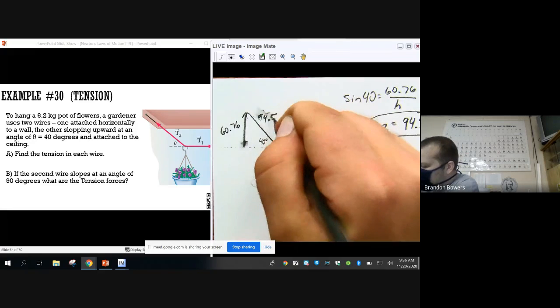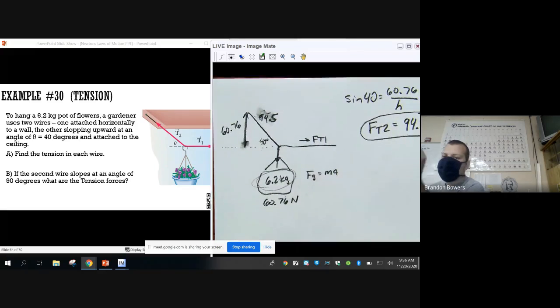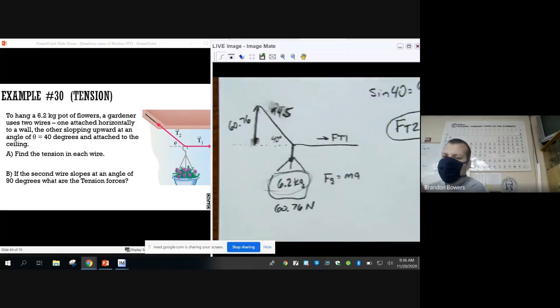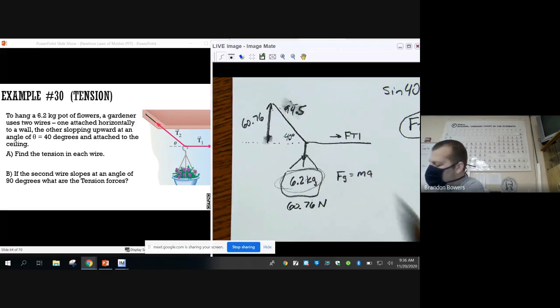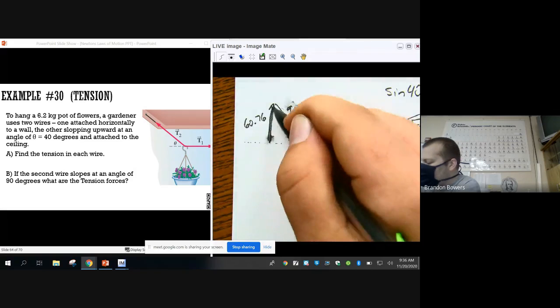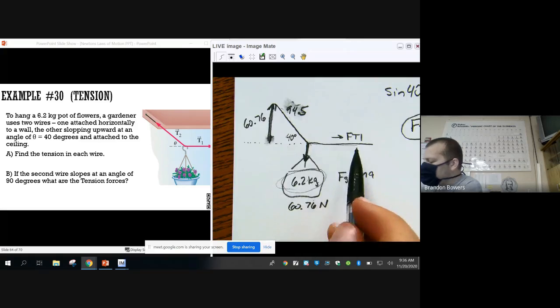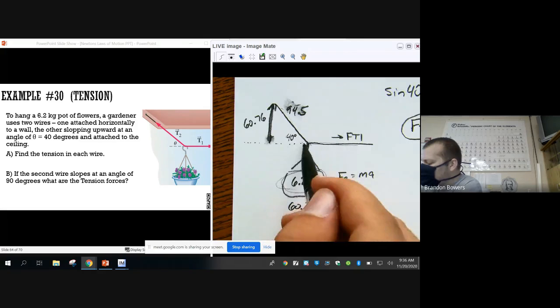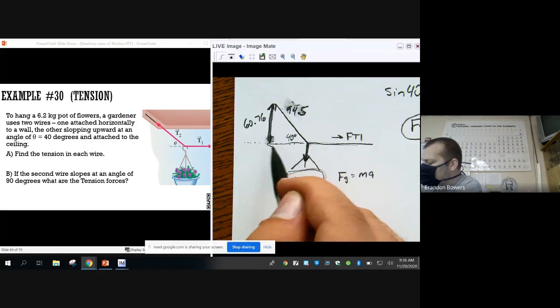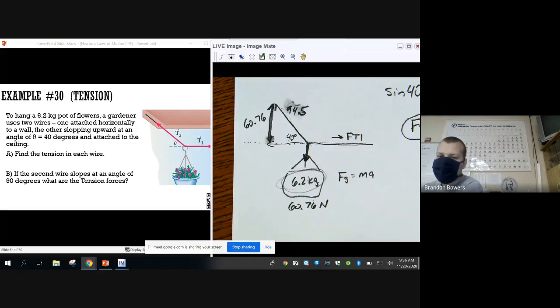94.5. Now, question for you guys. It's not moving once again. So my y due to gravity had to equal my y due to tension. So my force of tension this way has to equal my force of tension in the x direction. That's pretty easy.